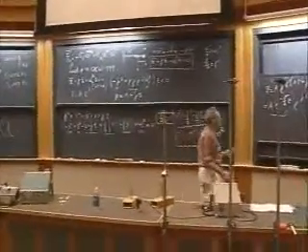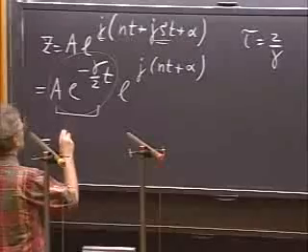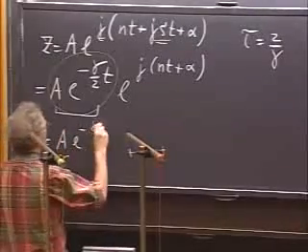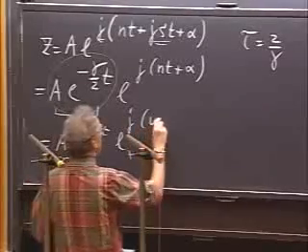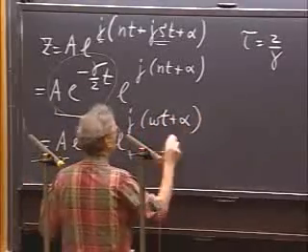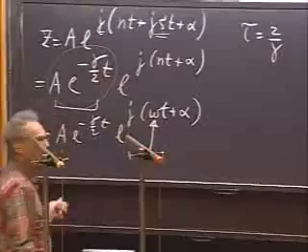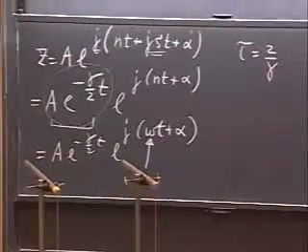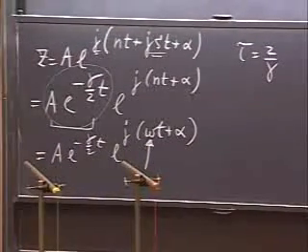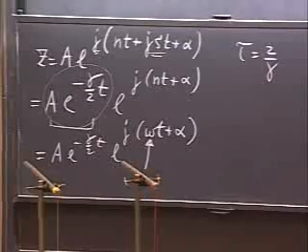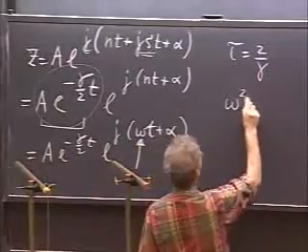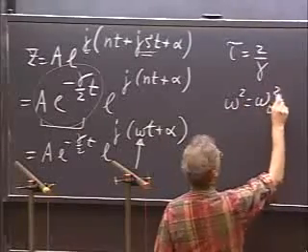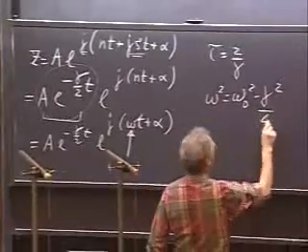And so if I write this now a e minus gamma over 2, I can write down now j omega t plus alpha, and I know exactly now what that omega is. That is the square root of this number. And so therefore omega squared is omega 0 squared minus gamma squared over 4.